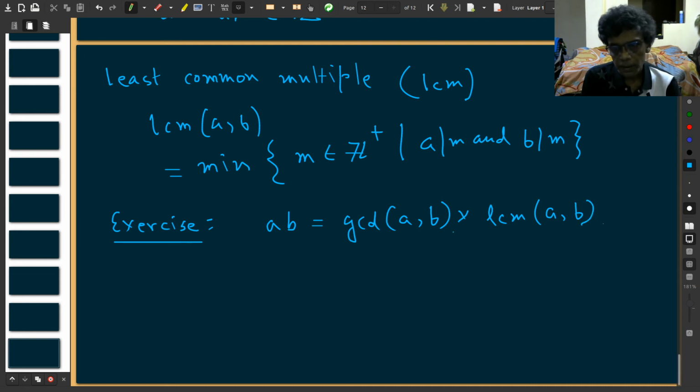Then this immediately gives us an algorithm for computing LCM, given that we can multiply integers and compute their GCD. Okay, so this is an algorithm for computing LCM.